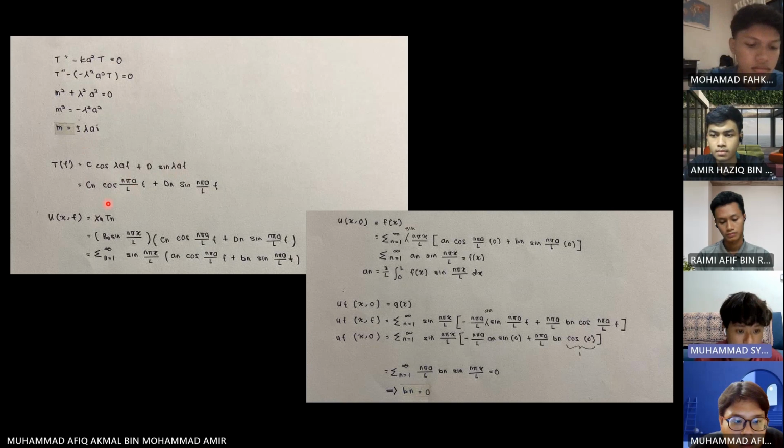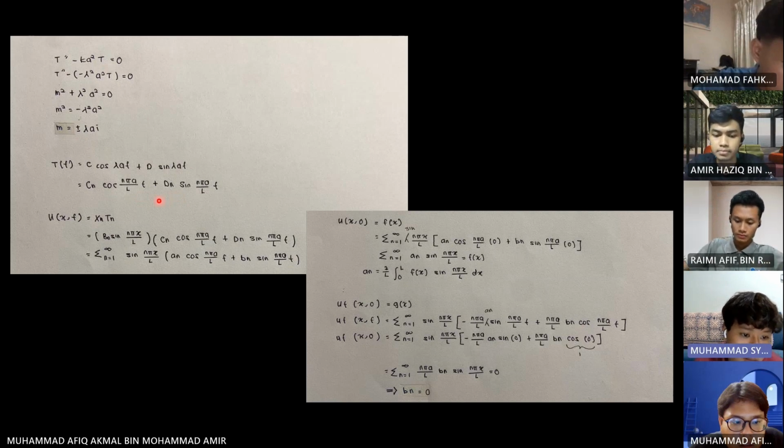And then we change the value of lambda that we have computed. We get n pi over L. Then the value of T_n is C_n cos n pi over L times a t plus B_n sin n pi over L times a t.